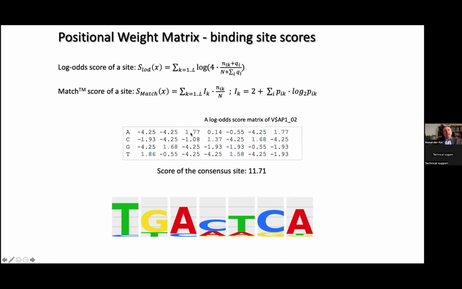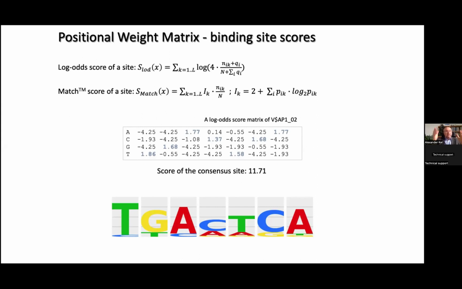As you can see here, we don't have any irrelevant values, which could happen with a logarithm of 0, because we add small pseudo counts, which compensate for our little knowledge about binding sites.